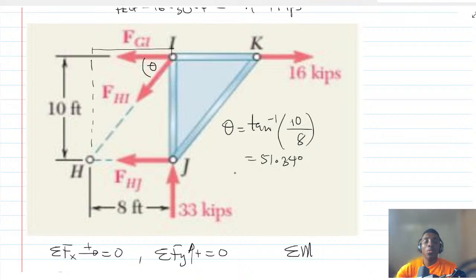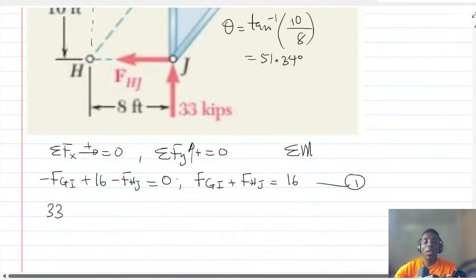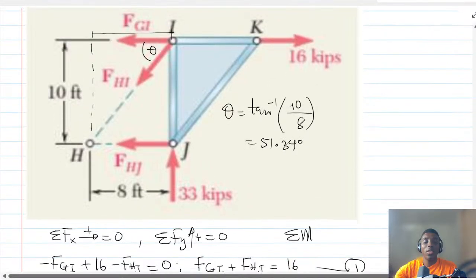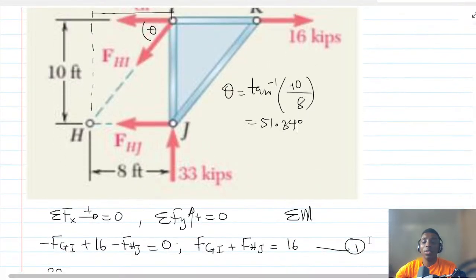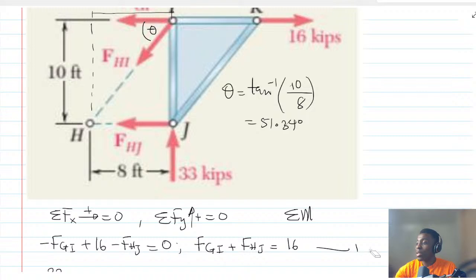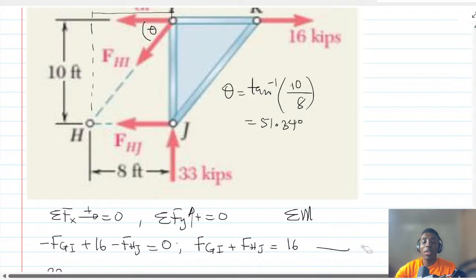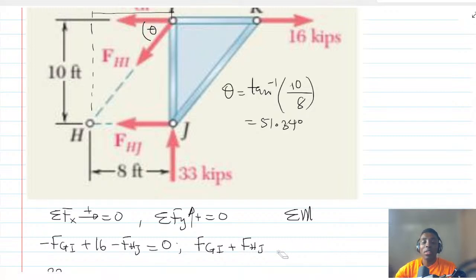Okay, so basically if I resolve it, it will have a component along the x. Yes, it will have a component along the x. So minus FHI cosine 51.34 equals 0.